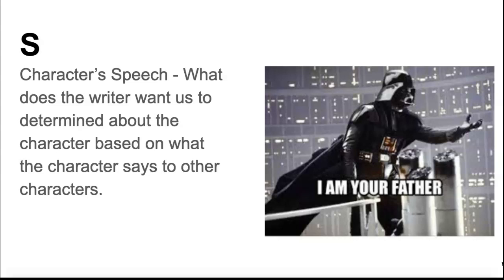So, we learn some things about Darth Vader through his speech, and we also learn some things about Luke, because when he does learn that Darth Vader is his father, there's an internal struggle for him, and we see that internal struggle in Luke throughout several of the series. In fact, throughout the series until the end, possibly. There's always this battle between light and dark.